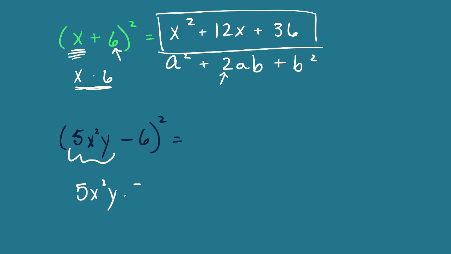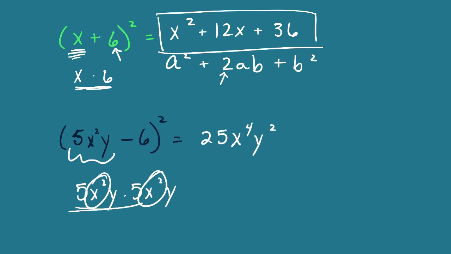And all that means is to take it times itself. Okay? And this is super easy to do because all you got to do is the 5 by 5. And then be careful, x squared times x squared, x to the 4th, and y times y. So there's your a squared right there. All you do is square the 5, square the x squared, square the y.